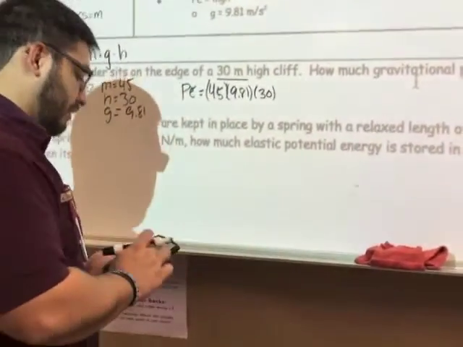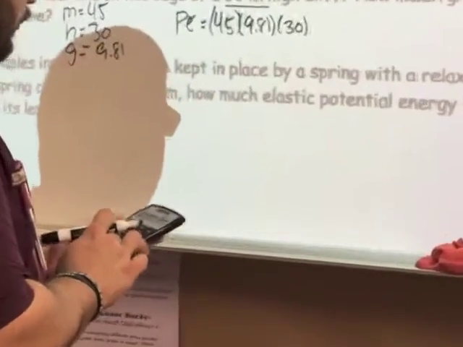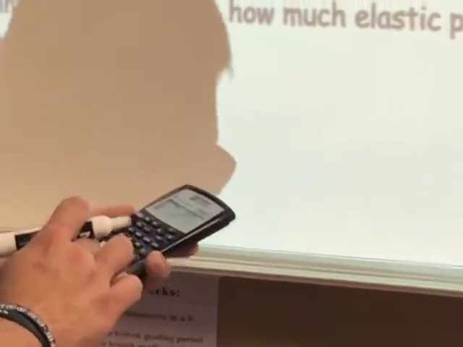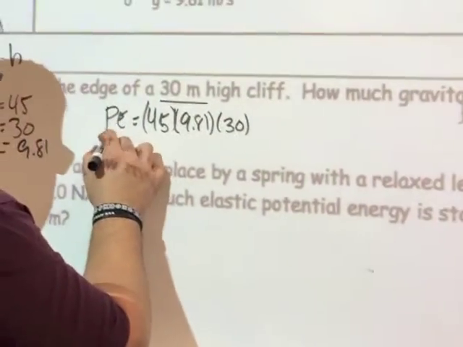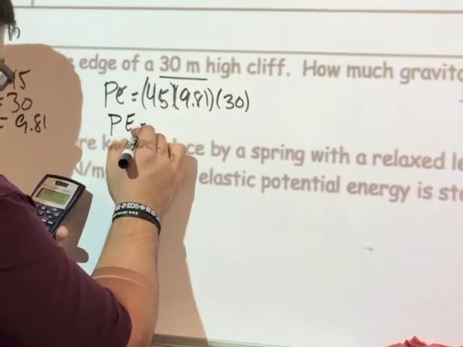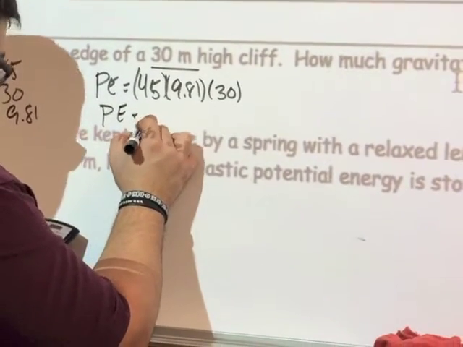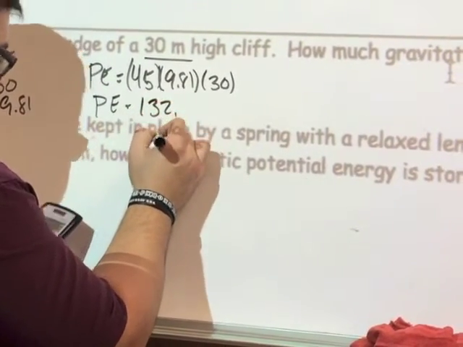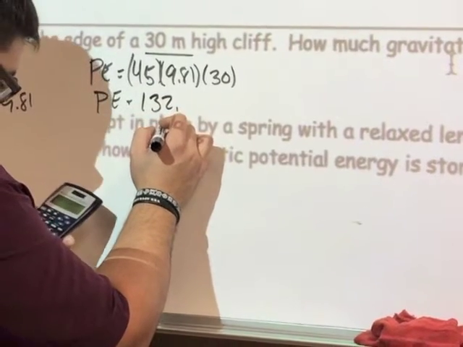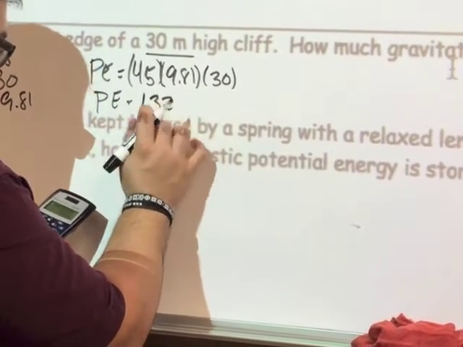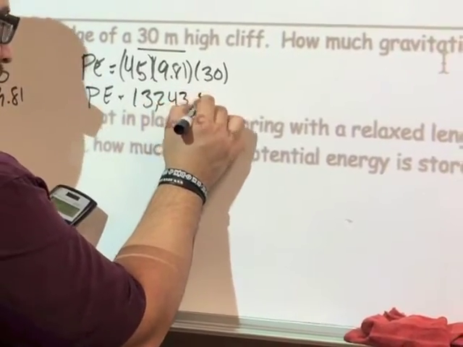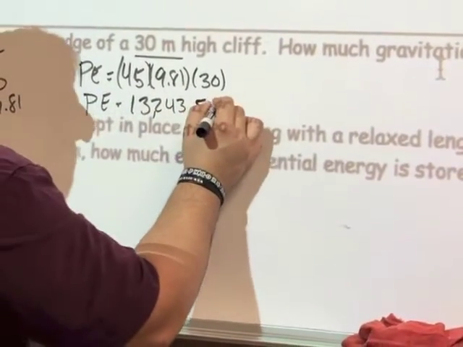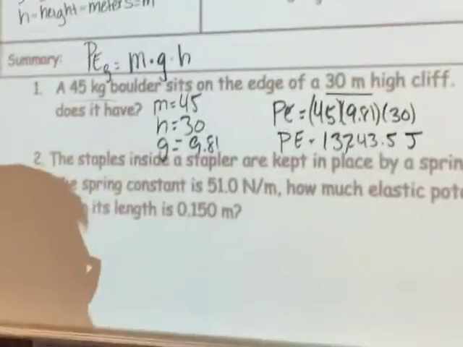So grab your calculators, type in 45, multiply that by 9.81, and multiply it once more by 30, and you'll get a very, very large number. So potential energy becomes, oh, sorry, there's a decimal there. 13,243.5. And again, PE, potential energy, we measure that in joules.